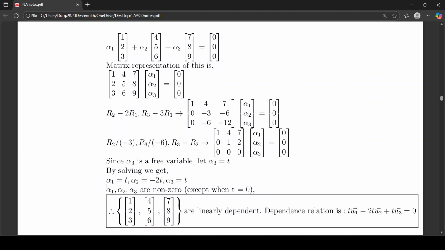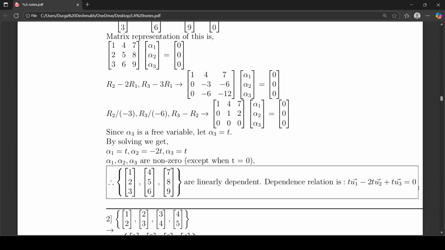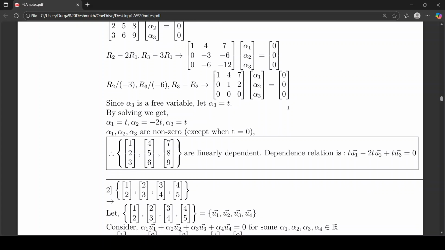Since here they are non-zero, except when t is itself 0, these are linearly dependent, and the dependence relation is obtained by putting the values of the constants in place of alpha 1 and alpha 2.